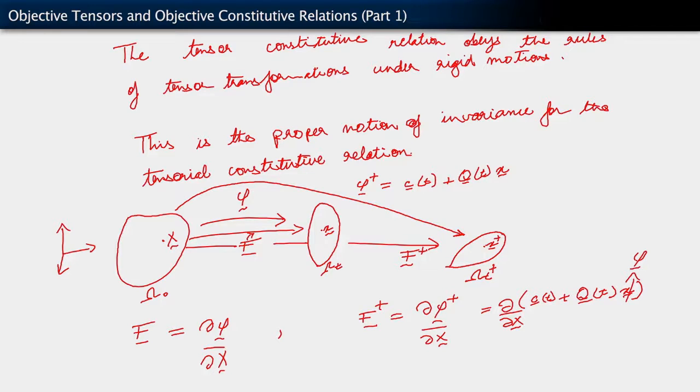When we calculate these derivatives, the first term, c, gives us nothing because it's a function of time alone.